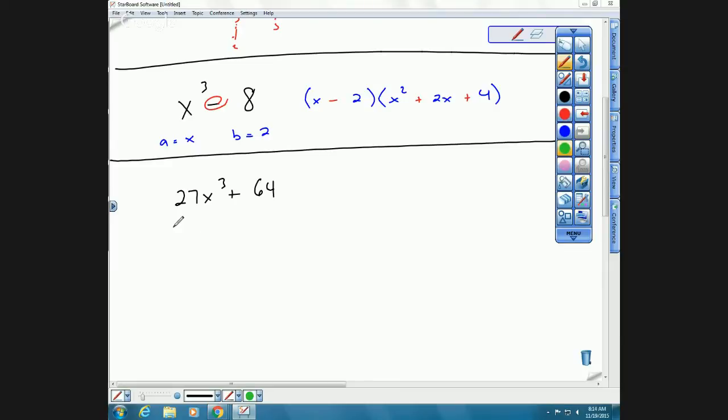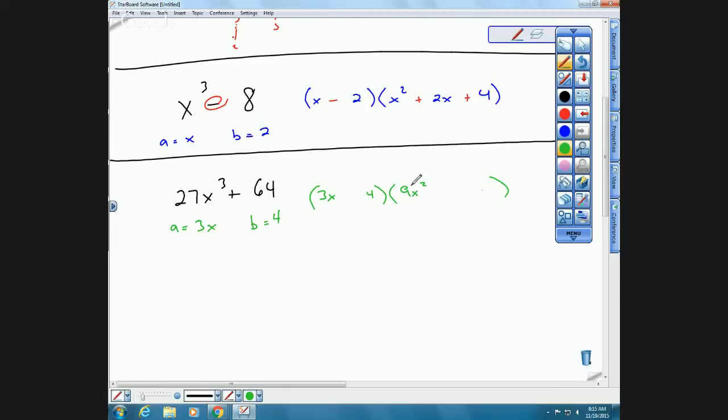All right, so on this one, what is my A? 3x, right? 3x times 3x times 3x would be 27x cubed. My B would be 4. 4 times 4 times 4 is 64. So I do A and B. Then I do A squared. What's A squared? It'd be 9x squared, right?